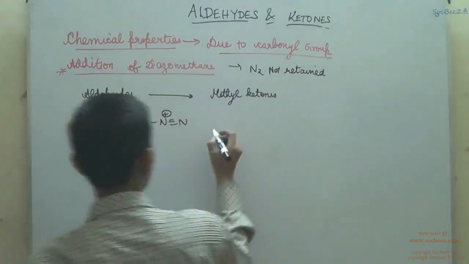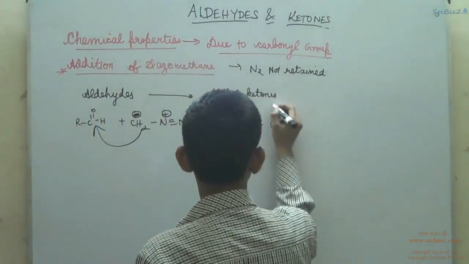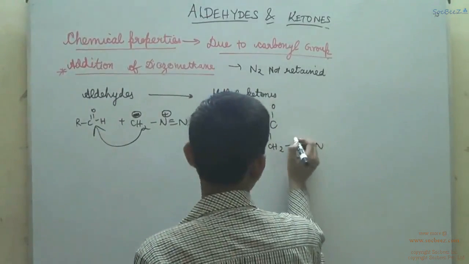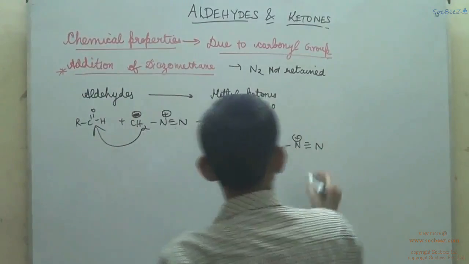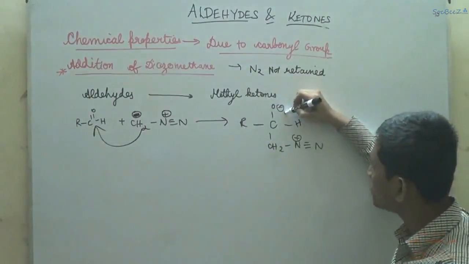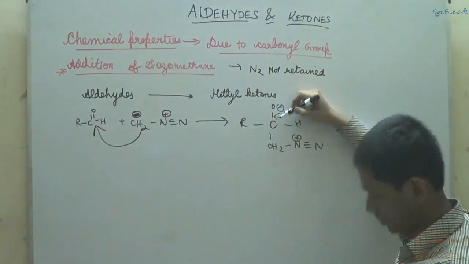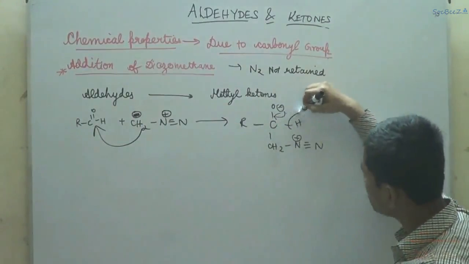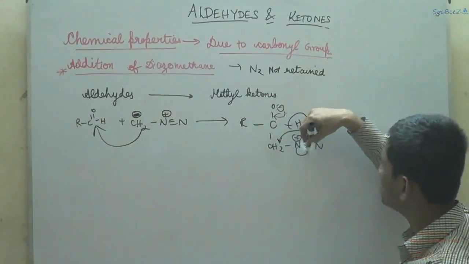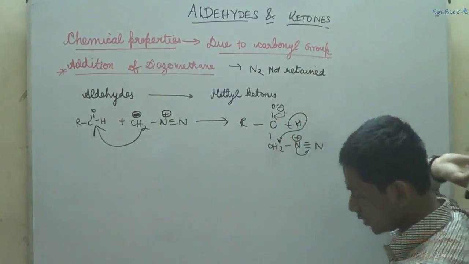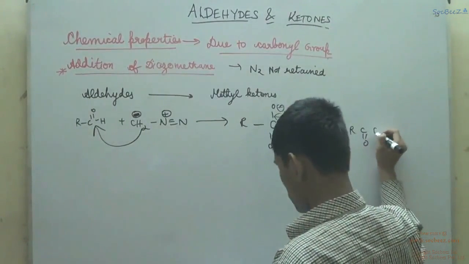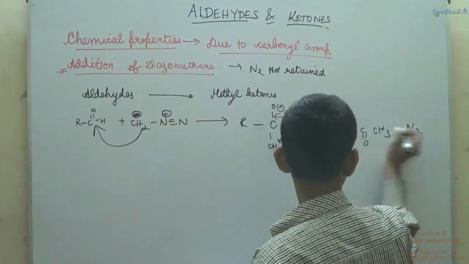This goes and attacks here, so you will be having R C O, CH2 and N triple bond N plus, and O minus with an H. So now this oxygen tries to form a bond with the carbon, as this hydrogen goes to this, and this goes here. Okay, then you will get R C double bond O CH3 plus N2.